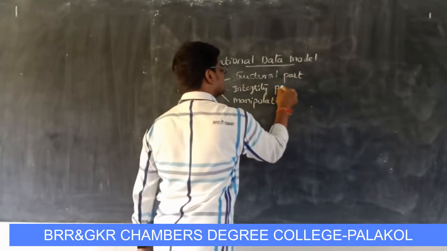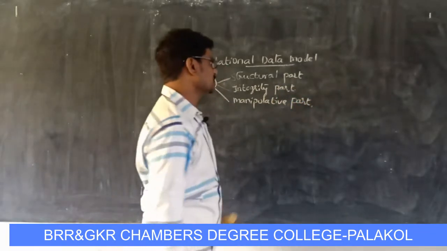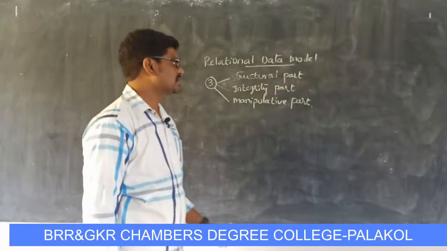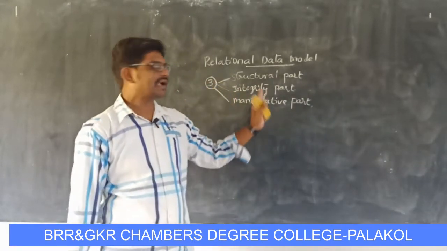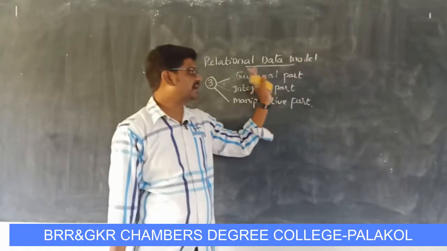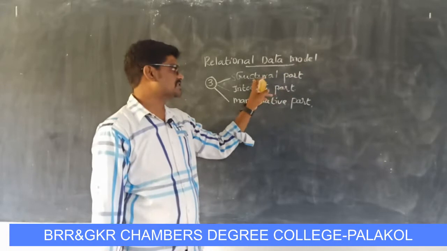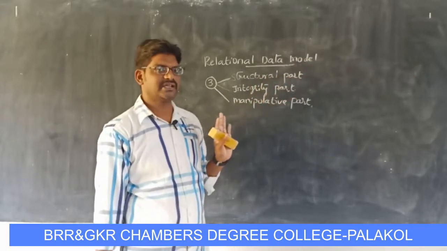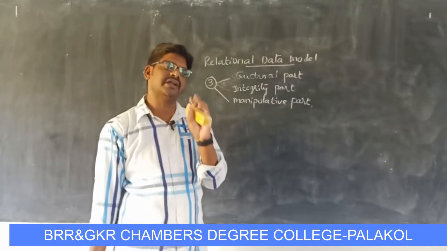What is the structural part? The data within the database is a collection of tables. That is called the structural part. That means the data within the database is in the form of tables.